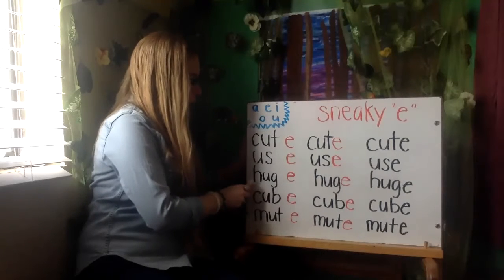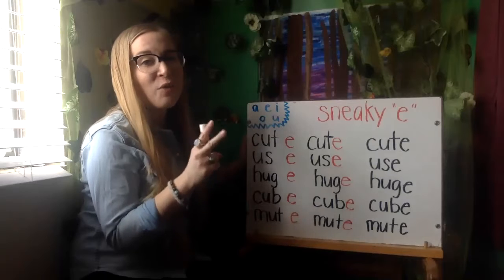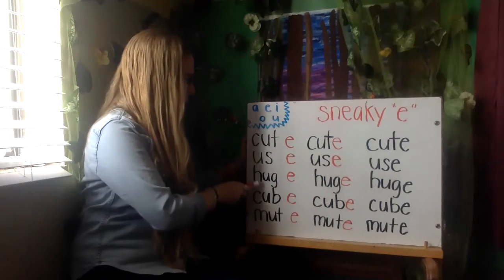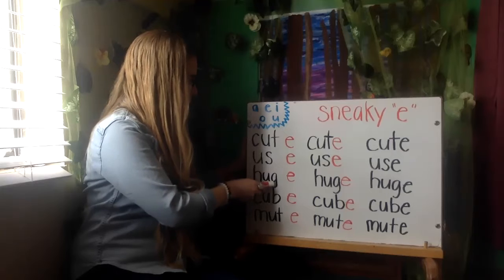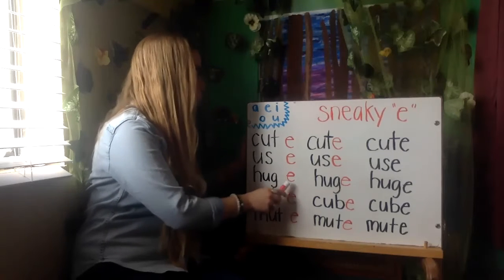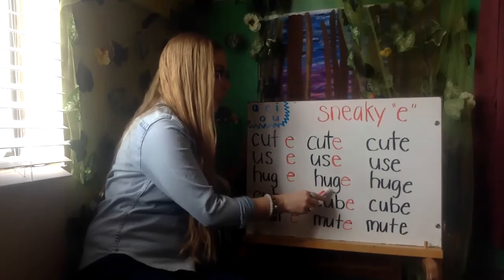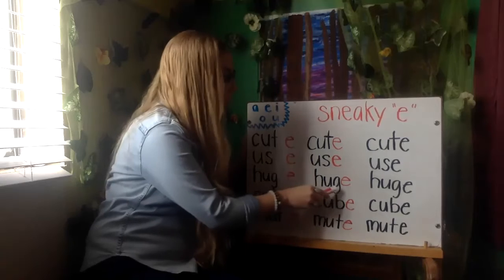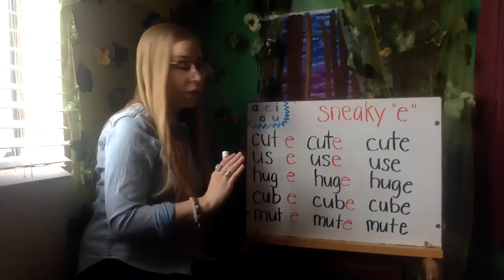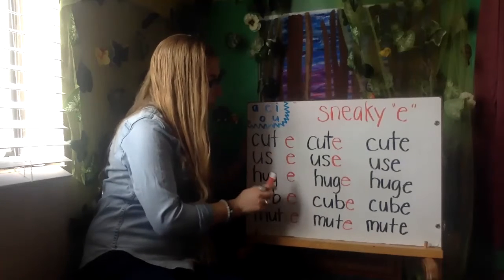Down here, this example is a little different because it's going to change the sound that two letters in this word make. Let's see what happens. Sound by sound. Huh, hug. When we add the sneaky E to the word hug, it's actually going to change this sound, but it's also going to change the sound that G makes. This isn't going to work with all words, but for this word right here, let's do this one together.